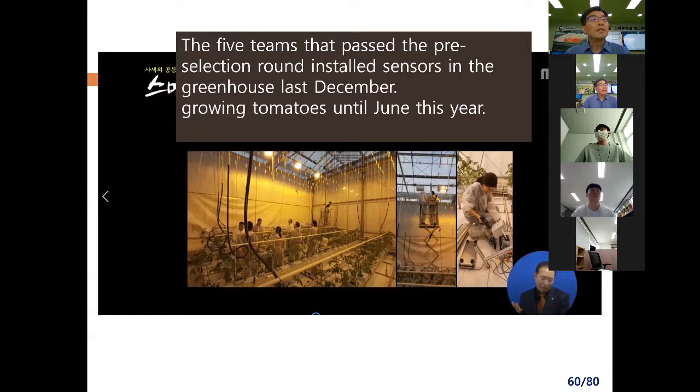The 5 teams that passed the pre-selection round installed sensors in the greenhouse last December and are growing tomatoes until June this year. This picture shows a sensor installed in a greenhouse last December. We can see that the greenhouse outside is covered by a tent.